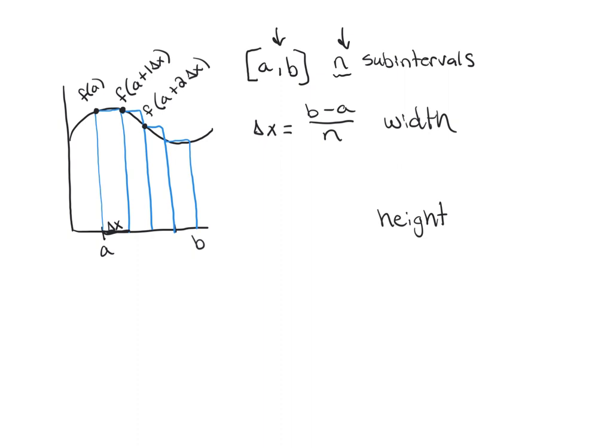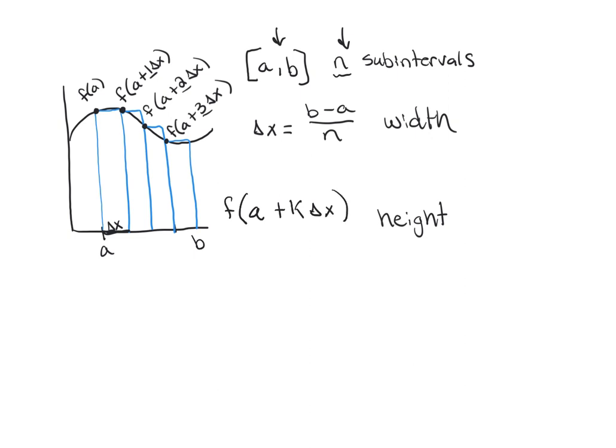So I added another rectangle, moved that b over, so this one would be f of the original a plus three changes of x. So I'm going to write this as the height is f of that starting a plus, so 1, 2, 3, that constant times the change in x.